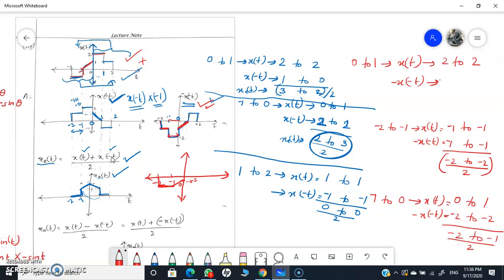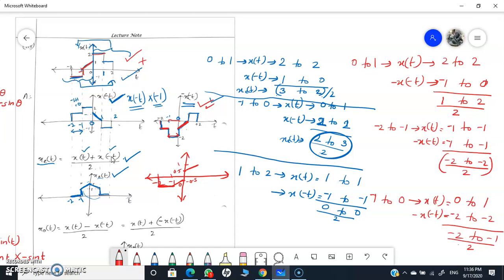If I am taking the sum, this will be 1 to 2, divided by 2. That means it is varying from 0.5 to 1. So this is the shape in that particular interval.